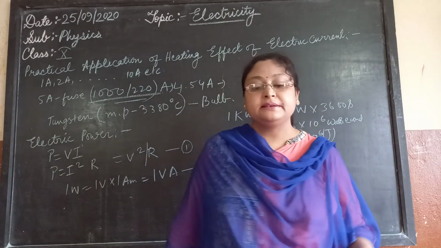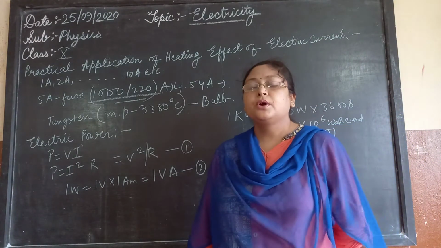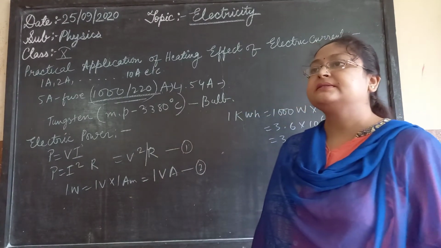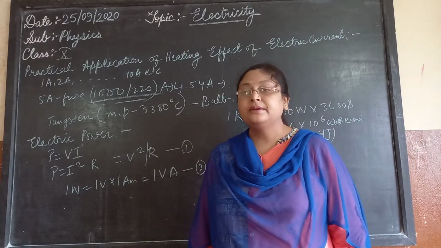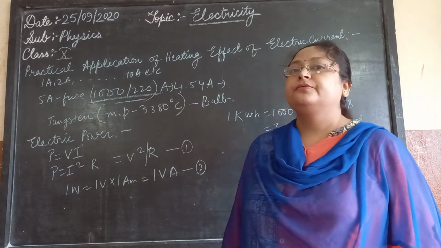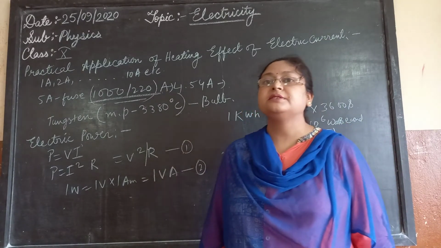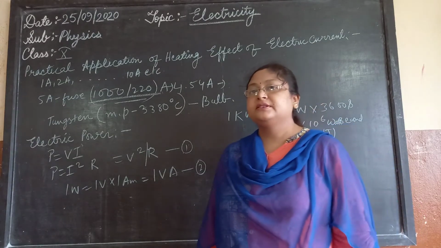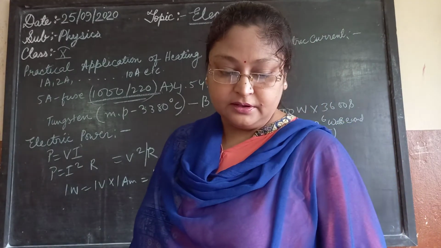The fuse should be connected in series, not in parallel, because if the fuse goes off, the circuit is protected. If it is connected in parallel, many apparatus may get damaged.